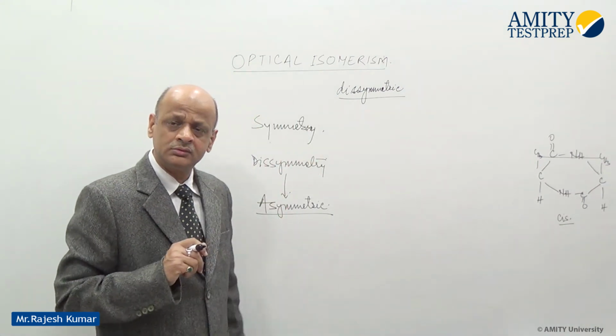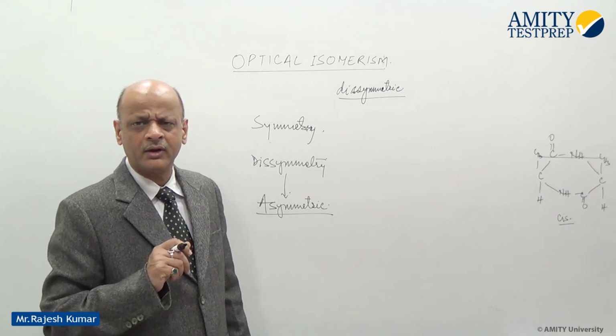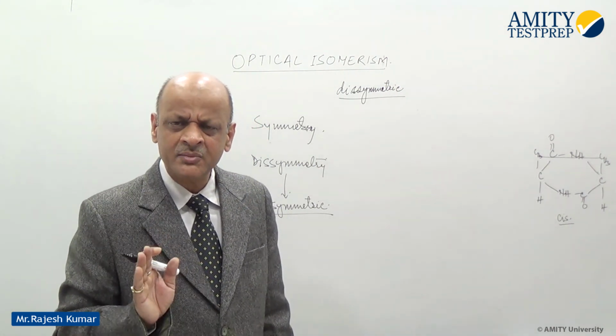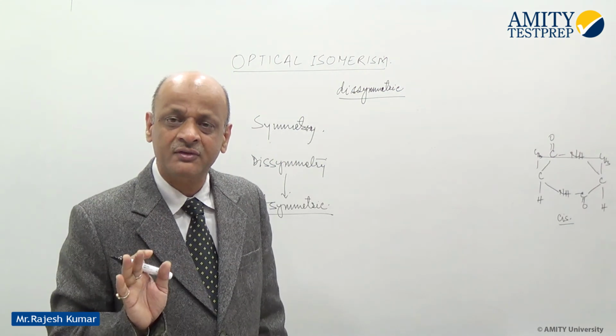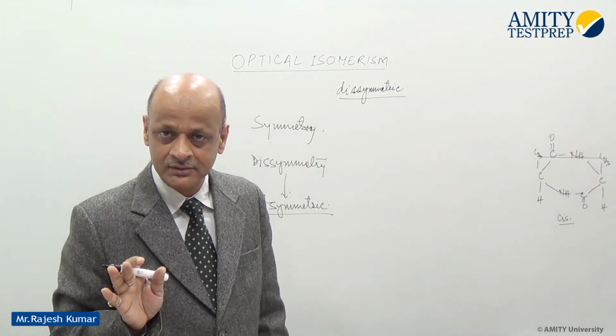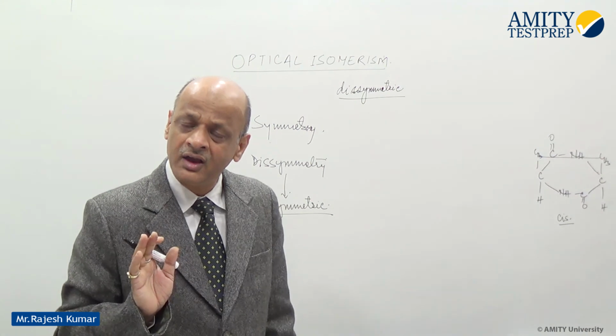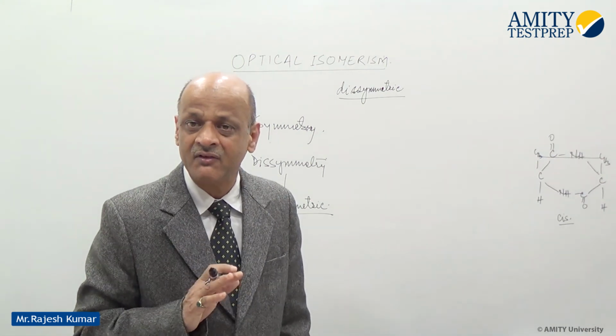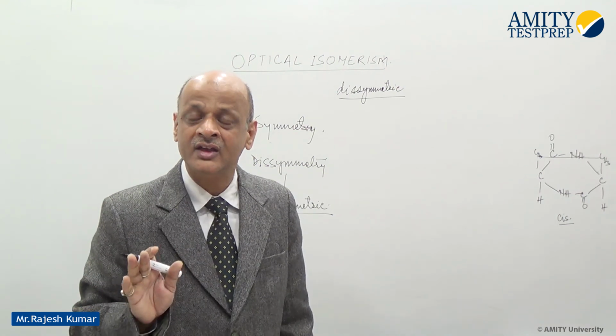So it is very important to identify the asymmetric carbon atom. Asymmetric carbon atoms are those carbon atoms which have four different groups. It is always sp3 hybridized. An sp2 or sp hybridized carbon atom can never be an asymmetric carbon atom.